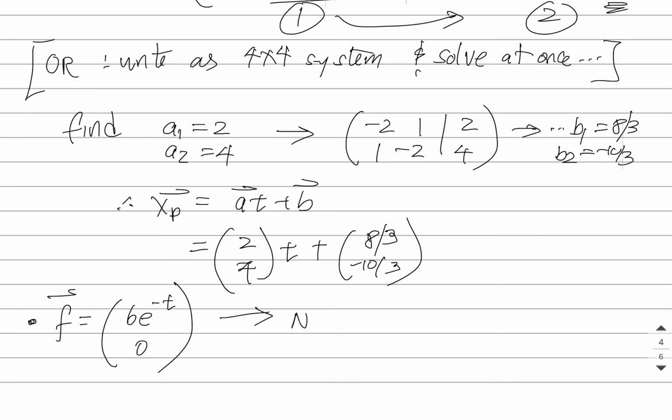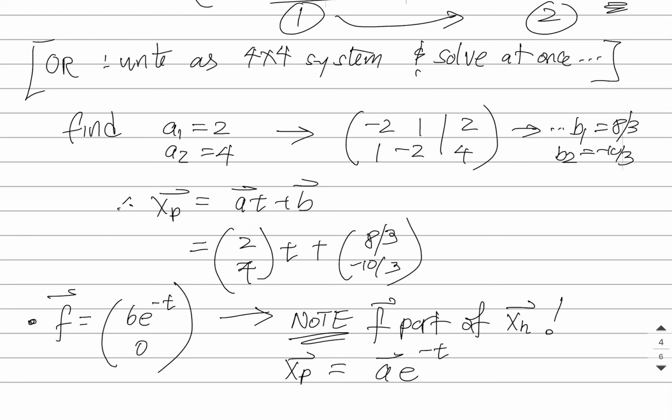So note, this F is part of the homogeneous solution. So if you try a particular solution that is some multiple of e to the minus t, it won't work. You'll end up with contradictions.